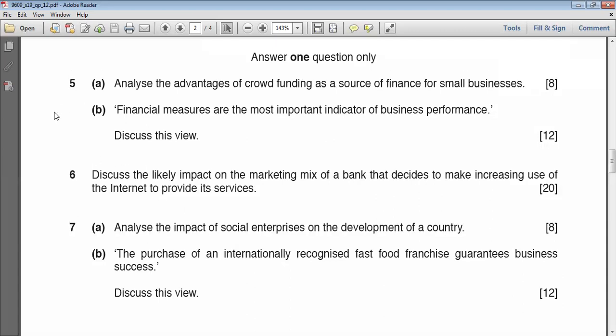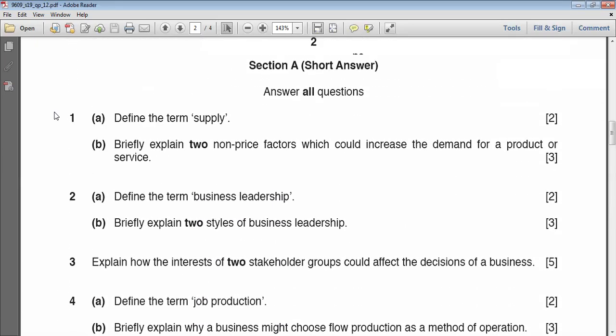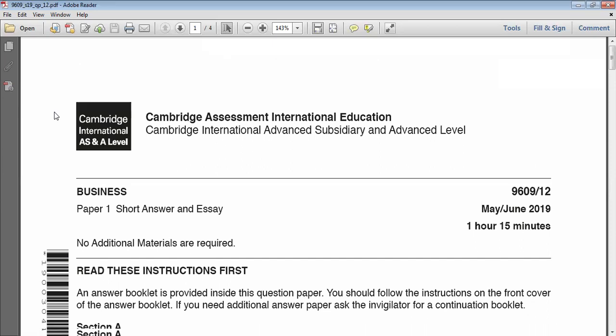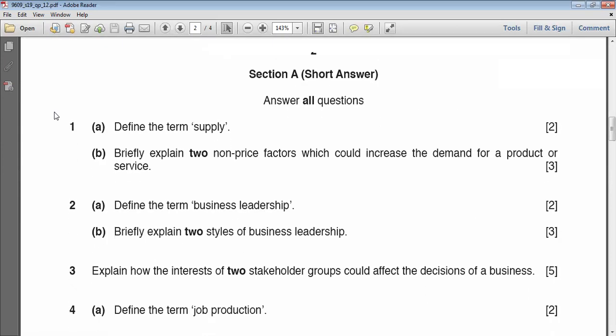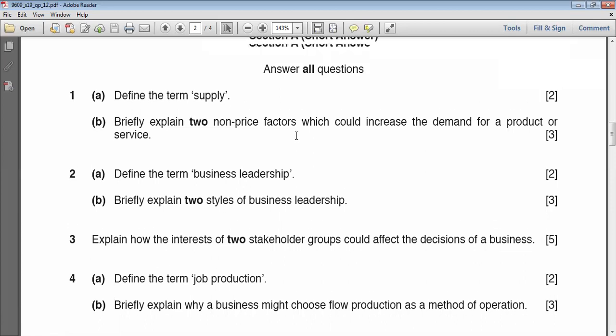So that is the strategy when we talk about part B questions, or the essay. If we compare the essay with the short answer, the short answer would be the easier questions. That is why it's always encouraged that you master the definitions and answer the part A questions well, so you can already ensure that you have obtained the necessary marks.